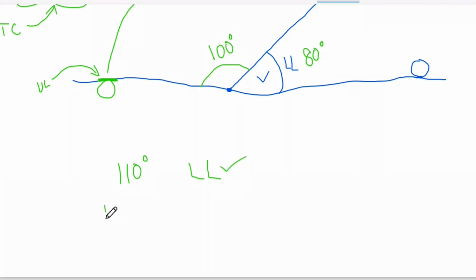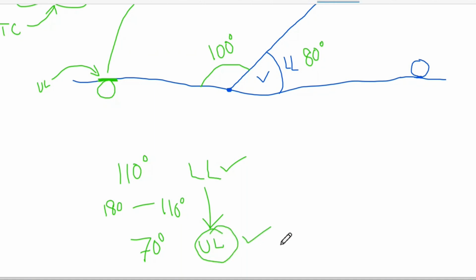Now what I'm saying is when you subtract it from 180, 180 minus 110, the answer would be 70 degrees. 70 degrees will be the actual angle. Now as you subtract from 180, the limb also changes. This 70 degrees will be the altitude of the upper limb on the other side of the horizon.